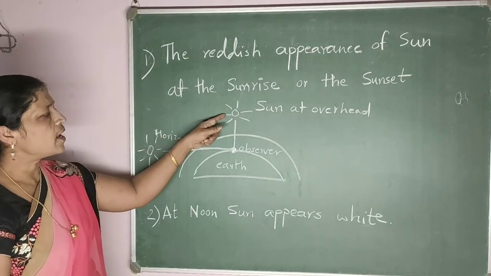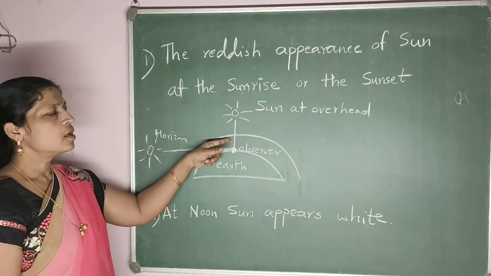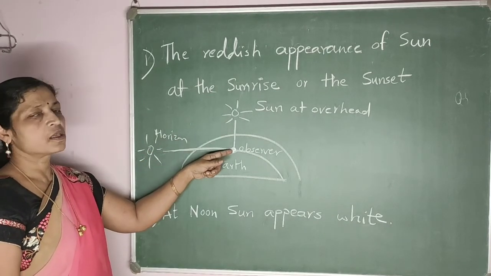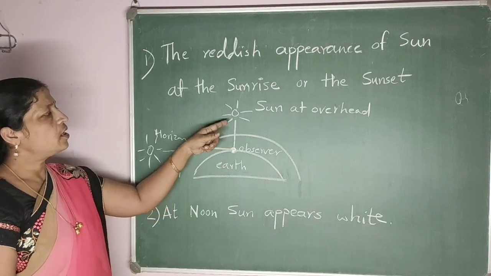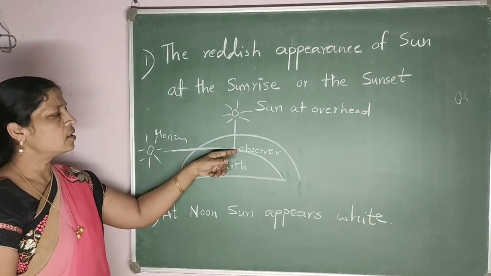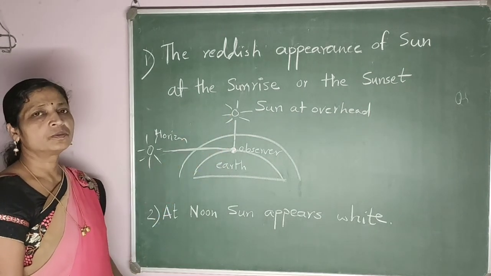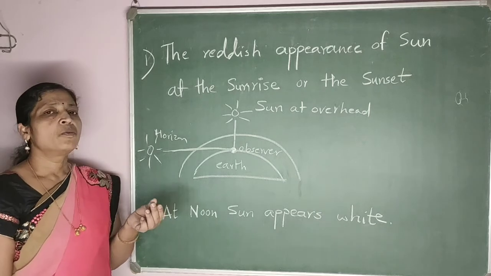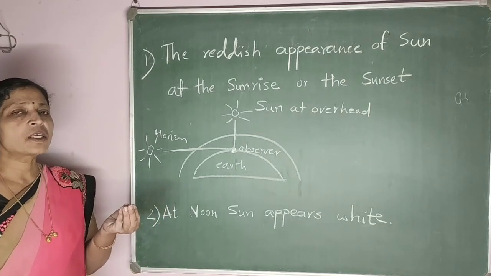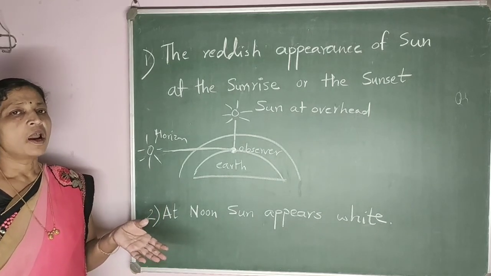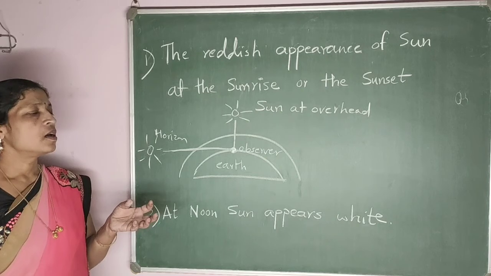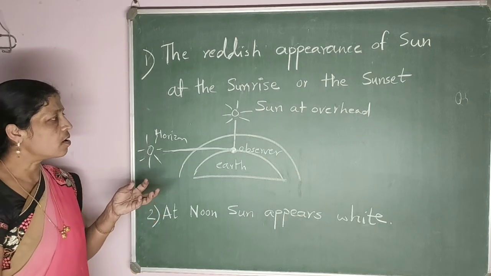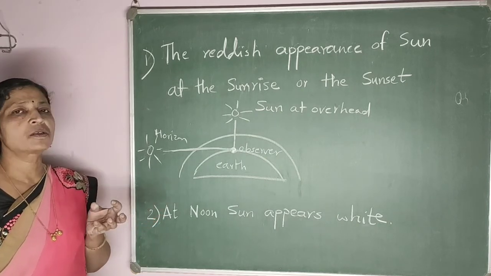So the sunlight has to pass a shorter distance. It is somewhat nearby to the observer. So only blue and violet get scattered away, and the remaining colors get combined and the sun appears white.